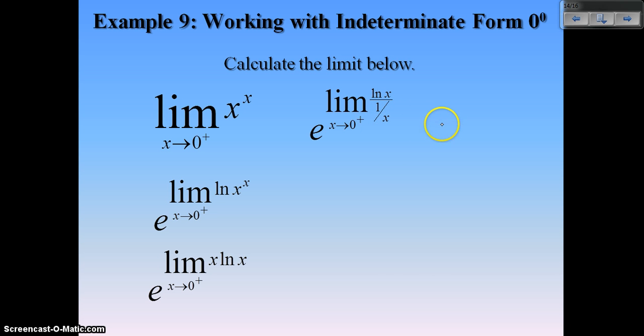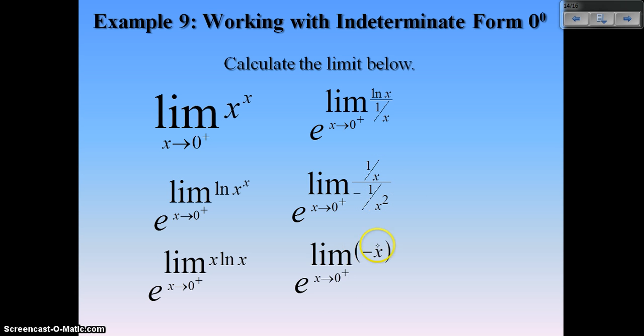And that allows me now to do L'Hopital's rule. The derivative of natural log x is 1 over x. The derivative of 1 over x, if you rewrite it as x to the negative 1, is negative 1 over x squared. You can simplify all of this, and it all simplifies to be just negative x. Now if you plug in 0, you do get 0, and e to the 0 is 1.